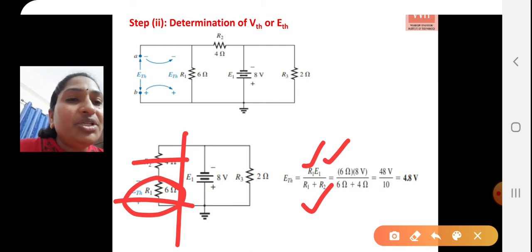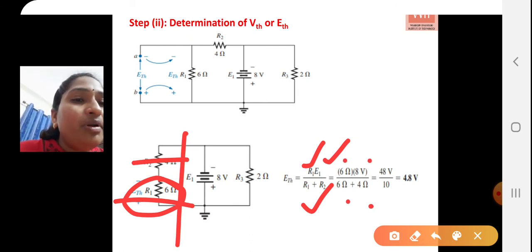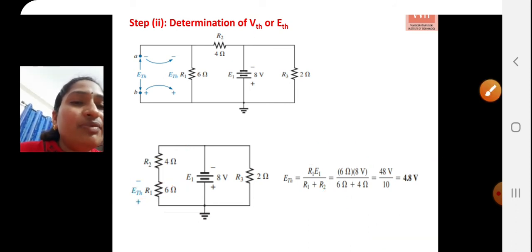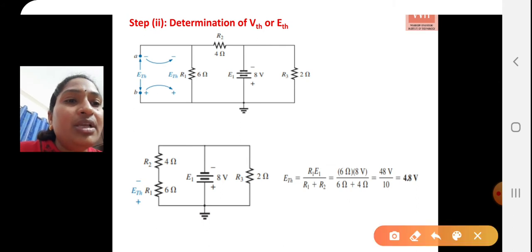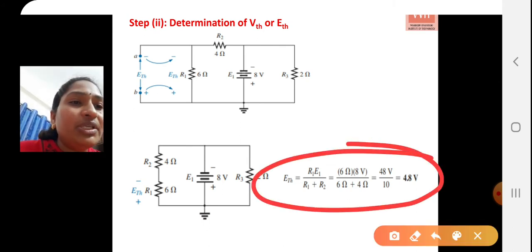Substituting all these values, 8 into 6 by 6 plus 4, finally we have 4.8 volts, so the E Thevenin value is 4.8 volts.